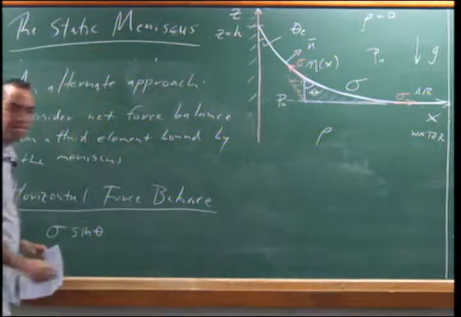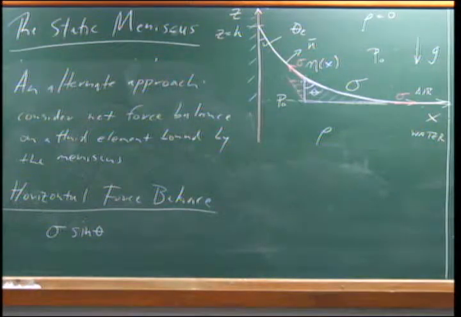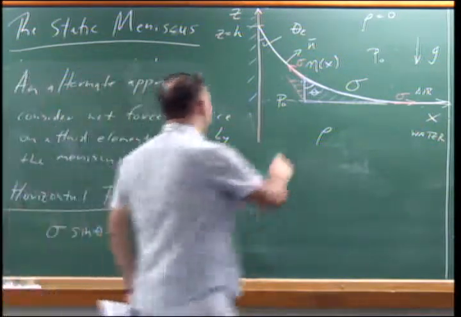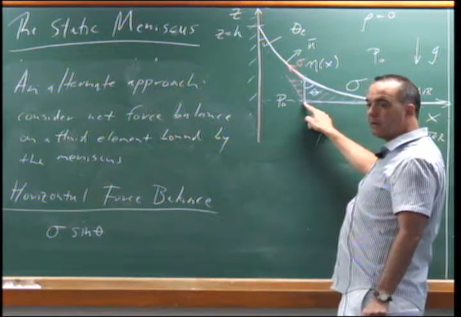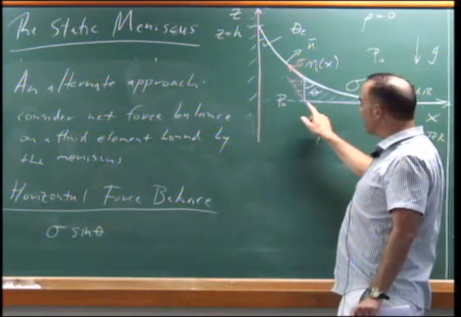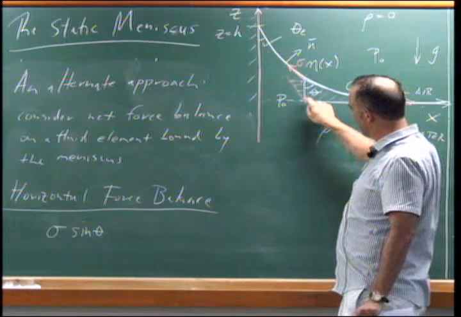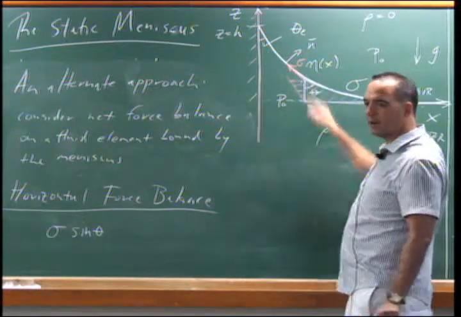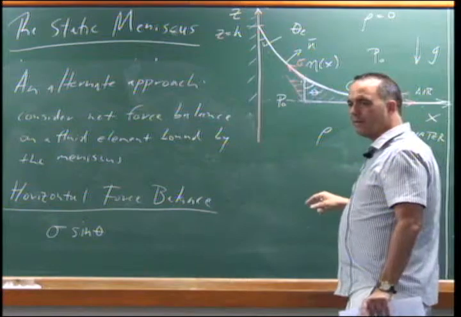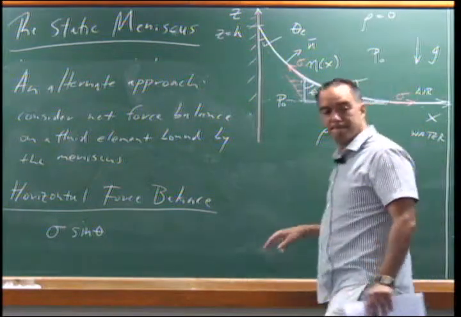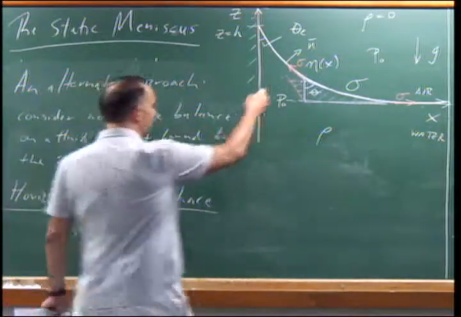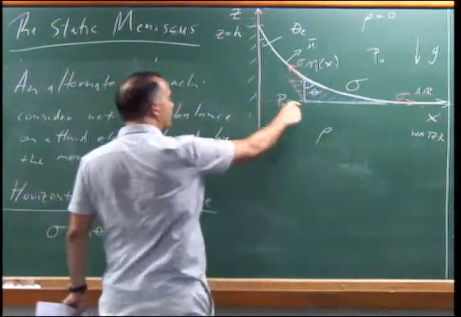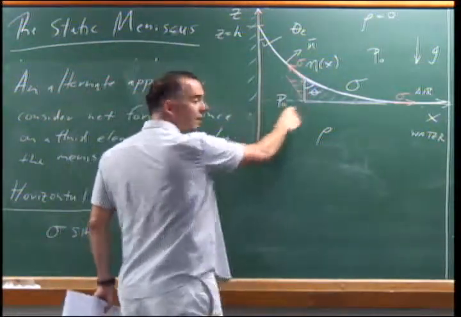The pressure is 0 here and going up. It's suction, so the hydrostatic pressure gets lower and lower as you go up, so the suction gets higher and higher. We're basically getting suction in this direction, and there's more suction up here than down here.